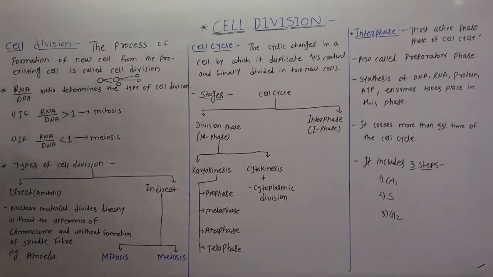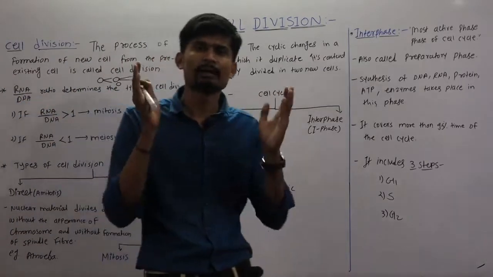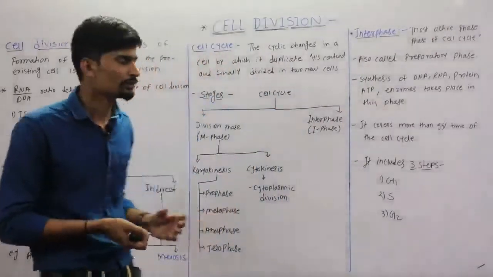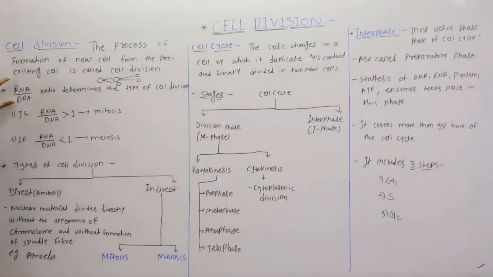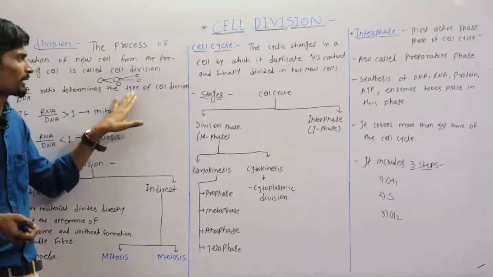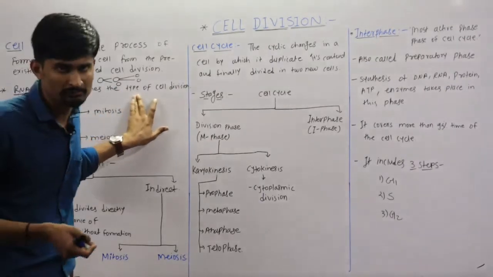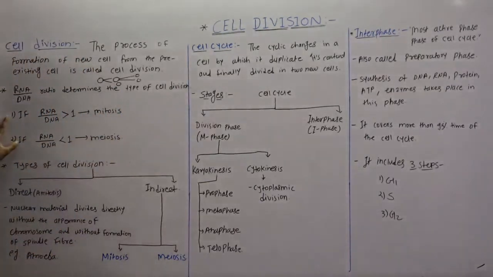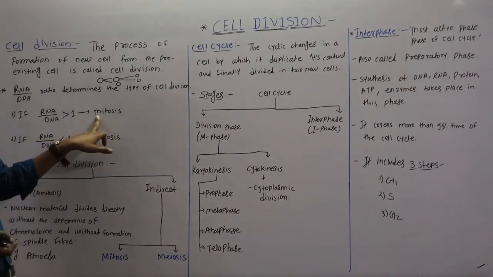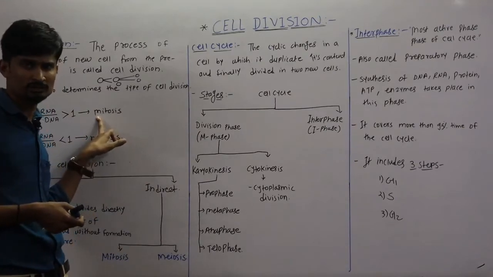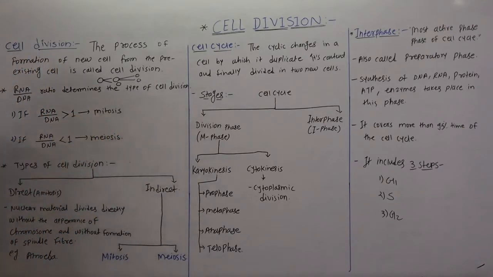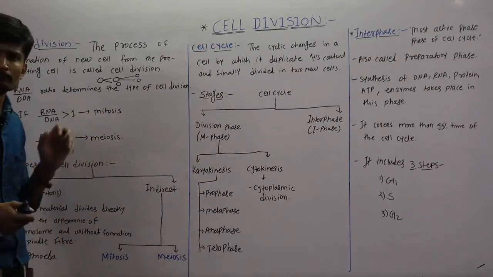Now there are basically two different types of cell division, that is mitosis and meiosis. The RNA and DNA ratio determines the type of cell division. Suppose if the RNA to DNA ratio is more than 1, the cell will undergo mitosis, and if the RNA to DNA ratio is less than 1, then it will undergo meiosis.